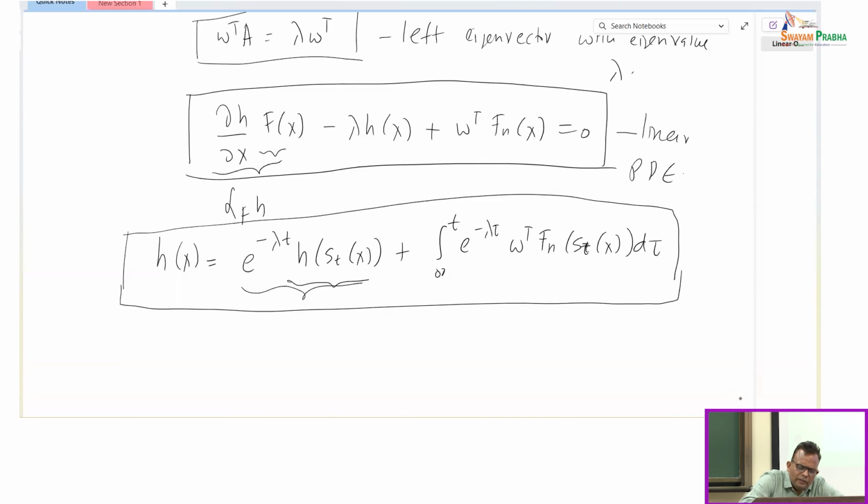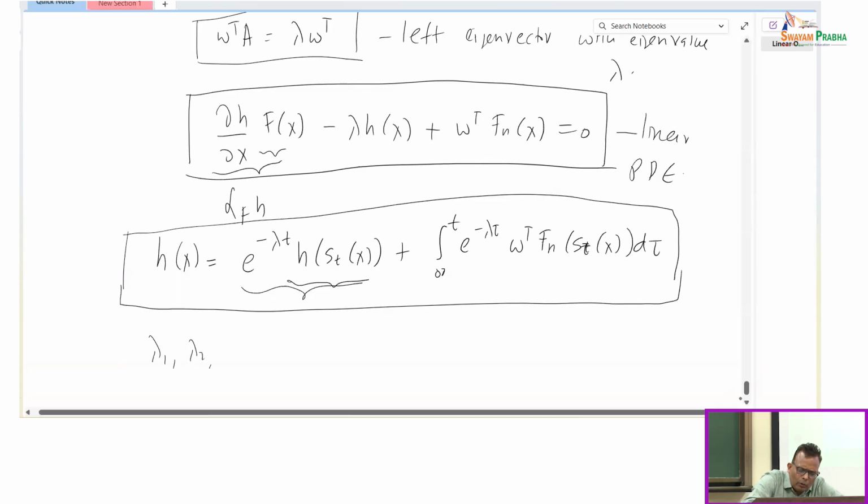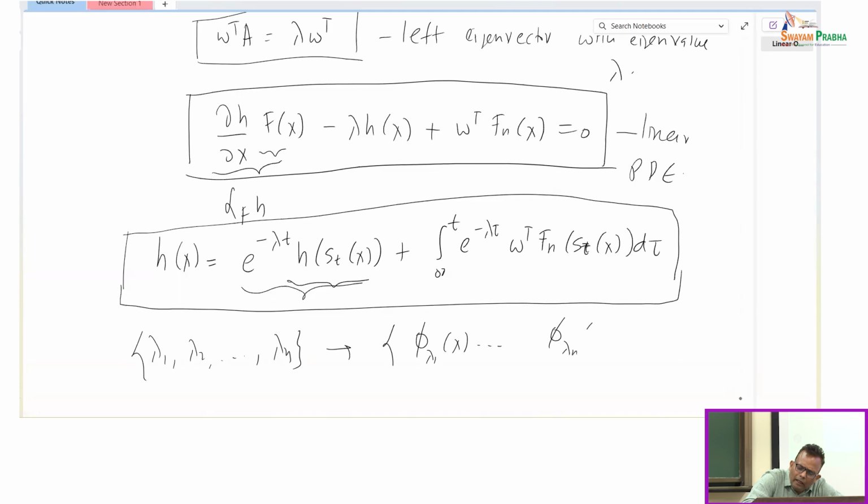So let's say you have n eigenvalues, lambda 1, lambda 2 to lambda n, and then you have the corresponding eigenfunctions, phi lambda 1 of x to phi lambda n of x. Oh, so what is the s_t of x? Sorry, I think I'm maybe using notations which are confusing. The s_t of x in this is actually the solution of that ODE, and we have been using some different notation, so let me change this notation so that it is more consistent.